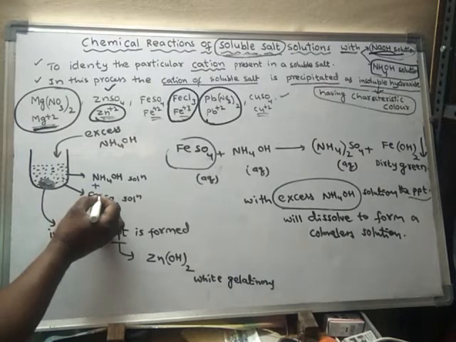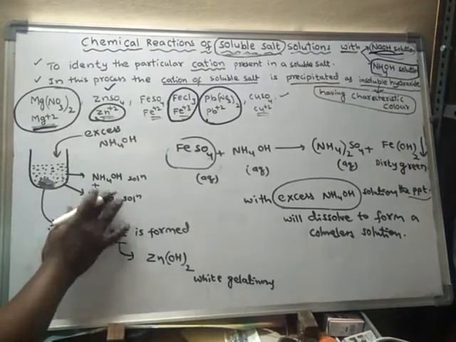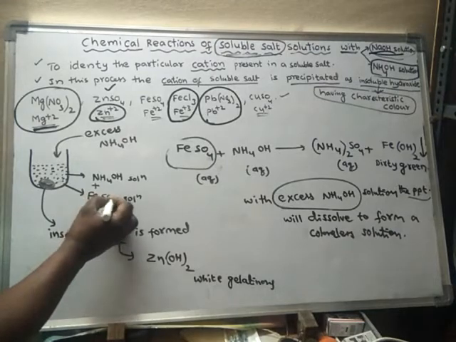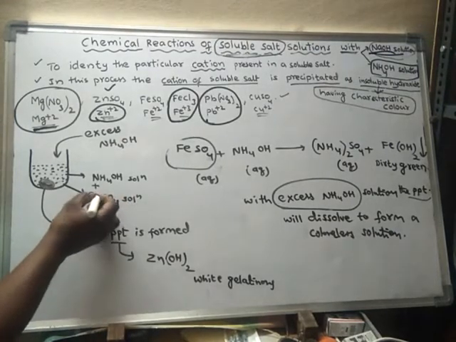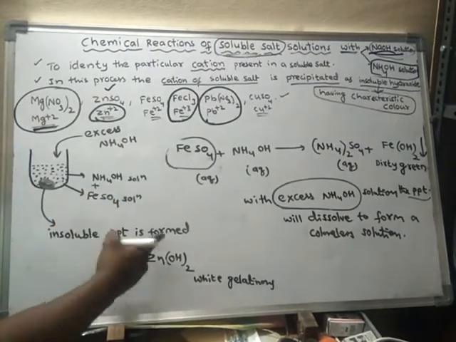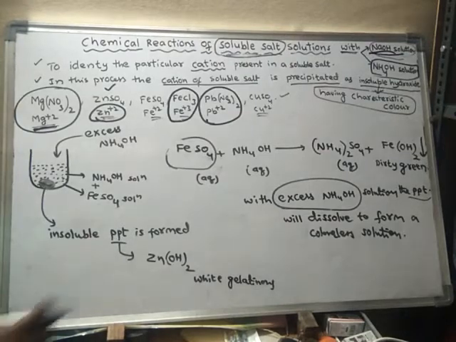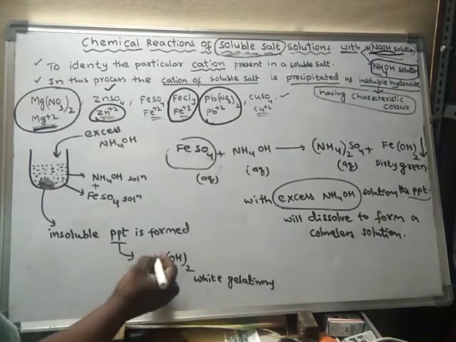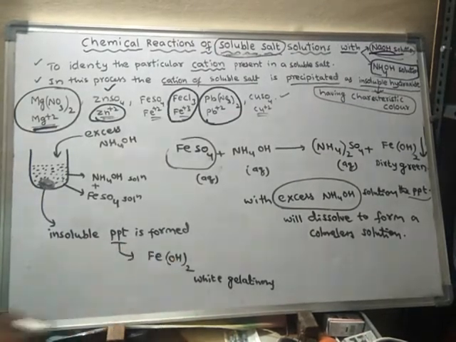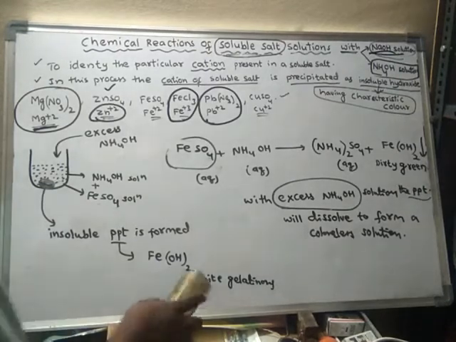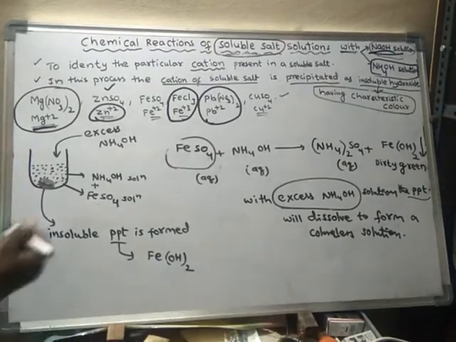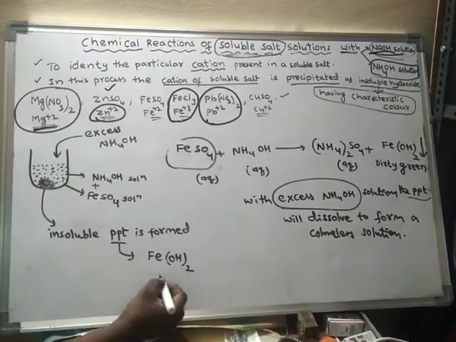If you take a FeSO4 solution, even in this case an insoluble precipitate is formed. So what is that? Ferrous hydroxide. It is a dirty green precipitate.